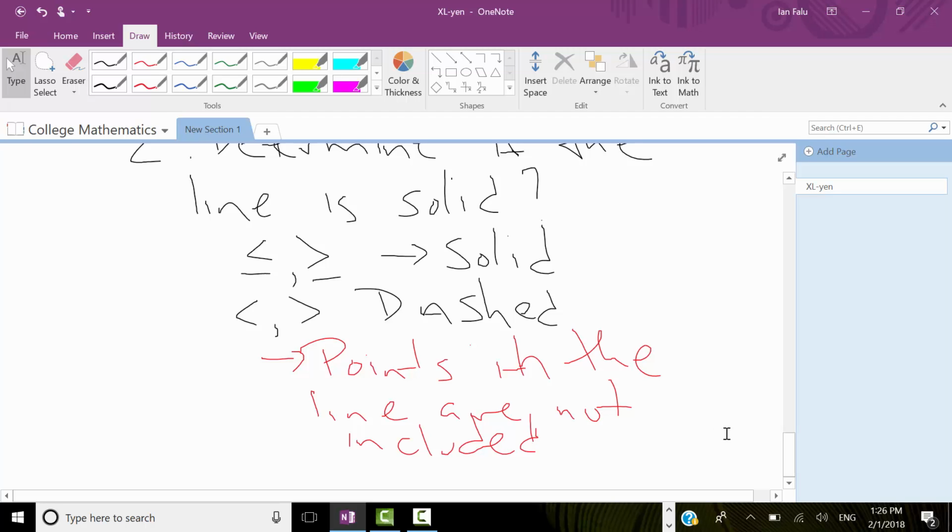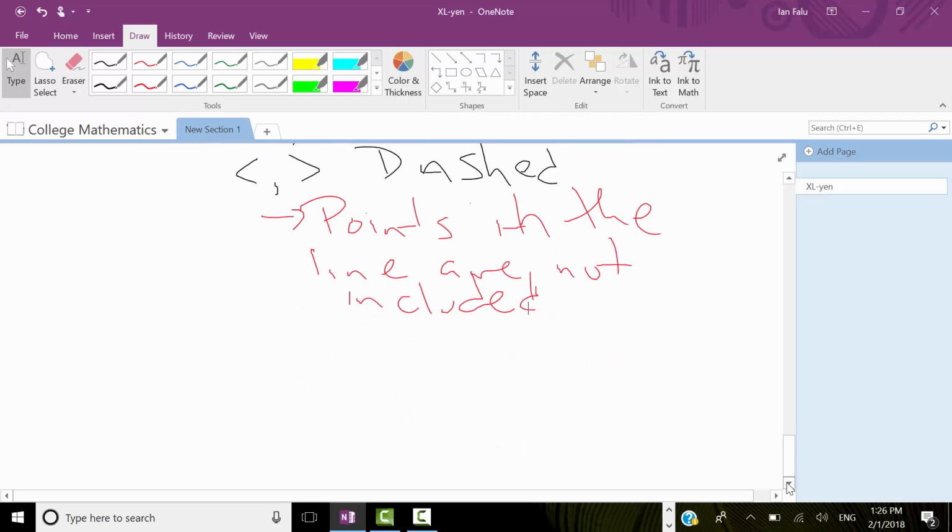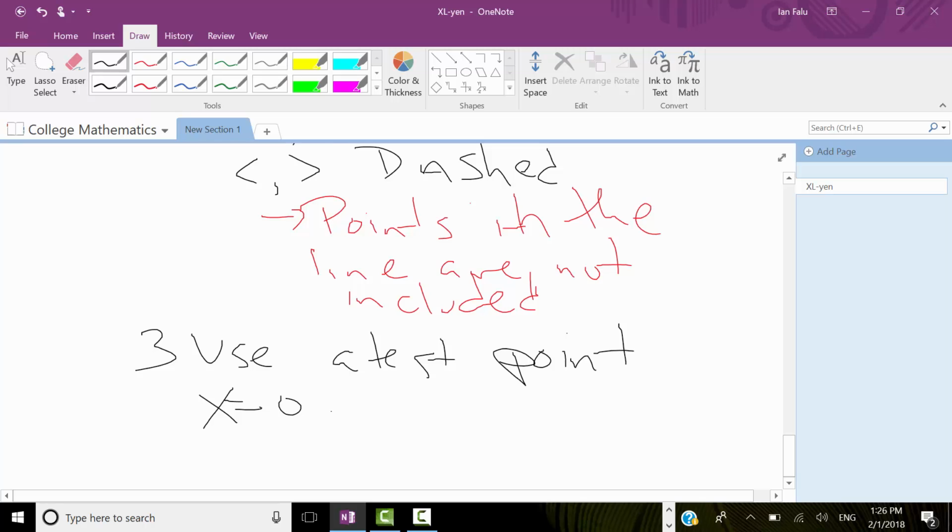And then finally use a test point. Okay. So I chose x equal to 0, y equal to 0. This is the easiest one. And then you have to determine if that will make your inequality true or false.